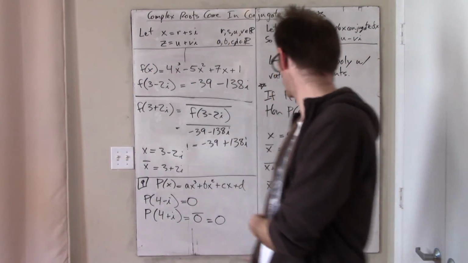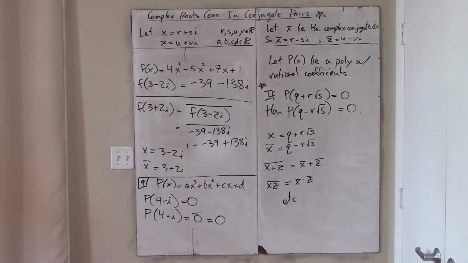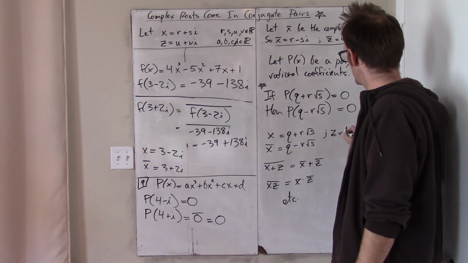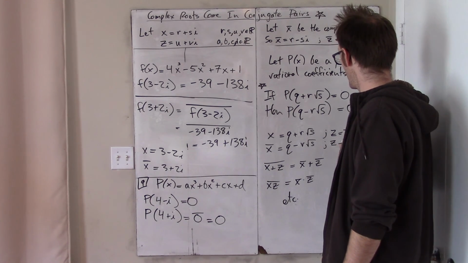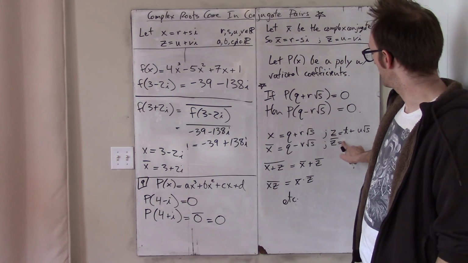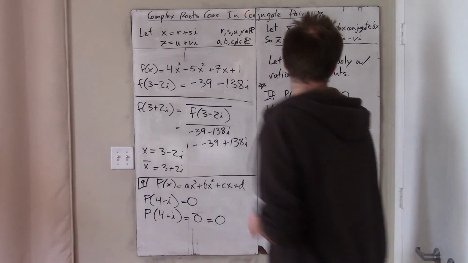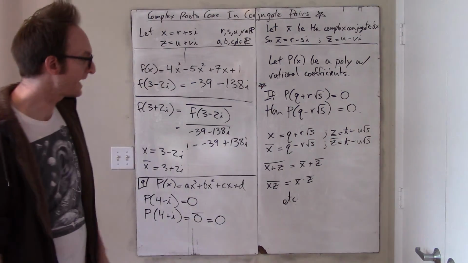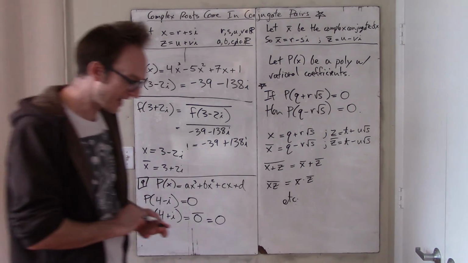Here I said z should be t plus u root s, such that the conjugate of z would be t minus u root s. So if your numbers are all in the same square root, then this holds, and you get the exact same thing.